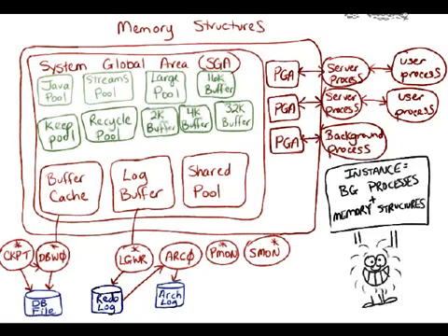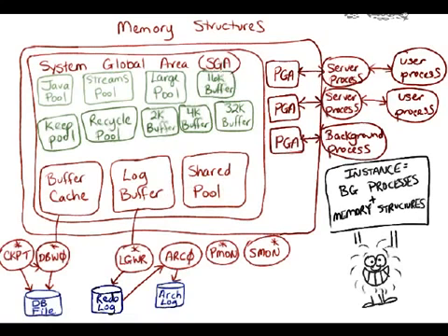The large pool stores information about backup and restore activity as well as shared server information. Shared server simply means that we've got several clients sharing the same server process to grab information from the database. So we'll cover that in more detail in a little while. And the large pool also stores some other miscellaneous information, which we'll eventually get to.